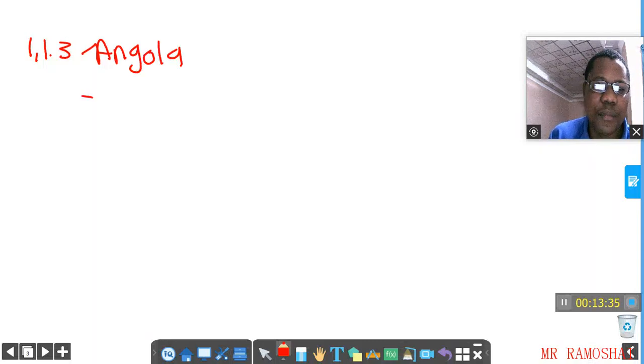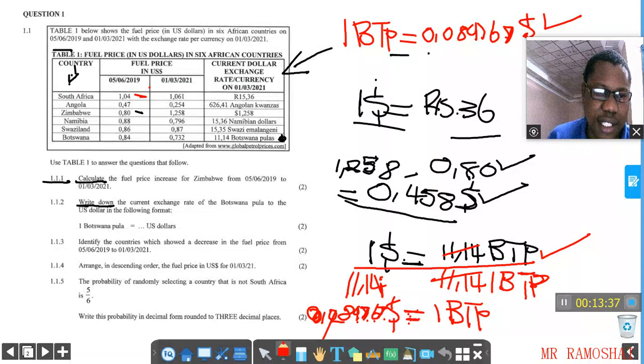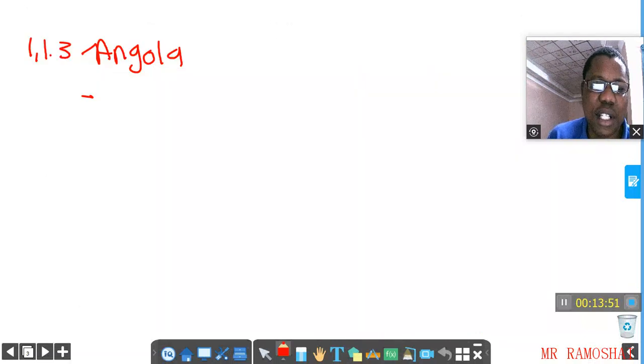Then let's look at the next one. Let's look at Zimbabwe. It increased. Namibia, when you look at Namibia here, it was 0,88, now it's 0,7, so the price has gone down for Namibia as well. Namibia, right?